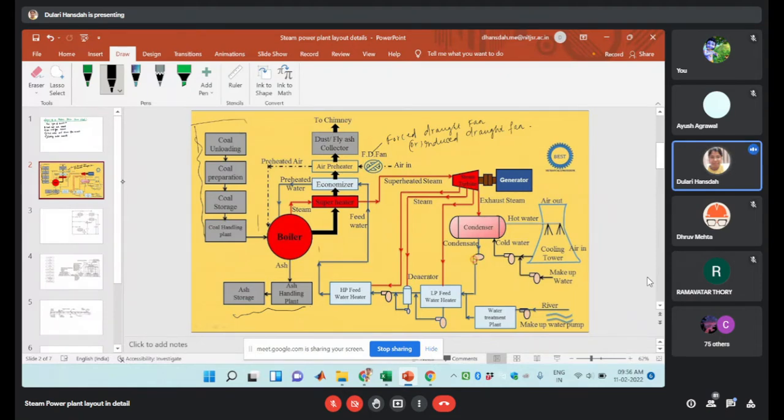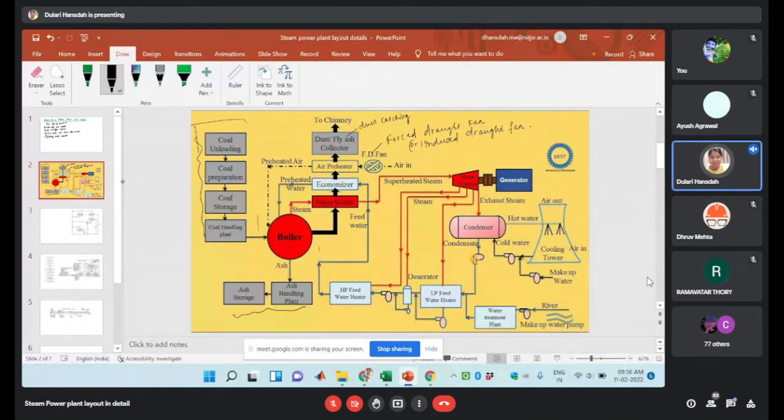Then it will go to the air preheater, where it will heat the air. Then it will go to the chimney. Before going to the chimney, we will have some precipitator or dust catching devices.